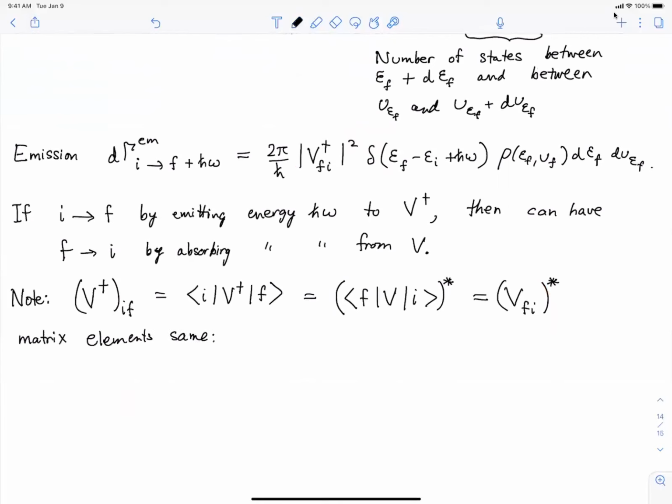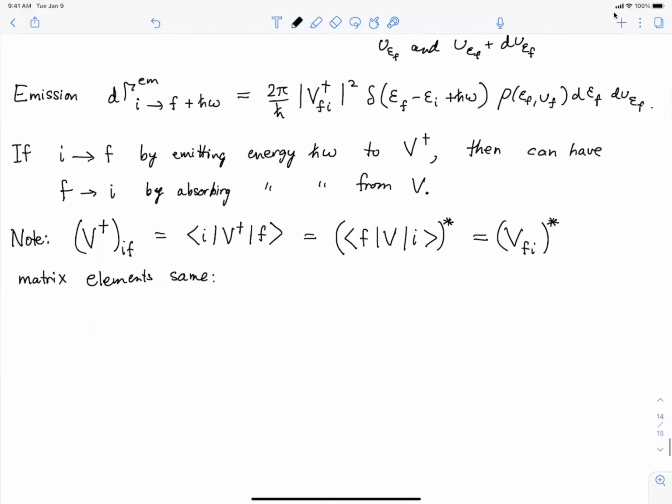And so what that means is that I can take one of them to be the initial state in one process and the other to be the initial state in the other process. So let's temporarily use a more neutral notation where instead of calling them initial and final, I'm going to call them A and B, because in one process, one of them's the initial, and in the other process, the other one's the initial.